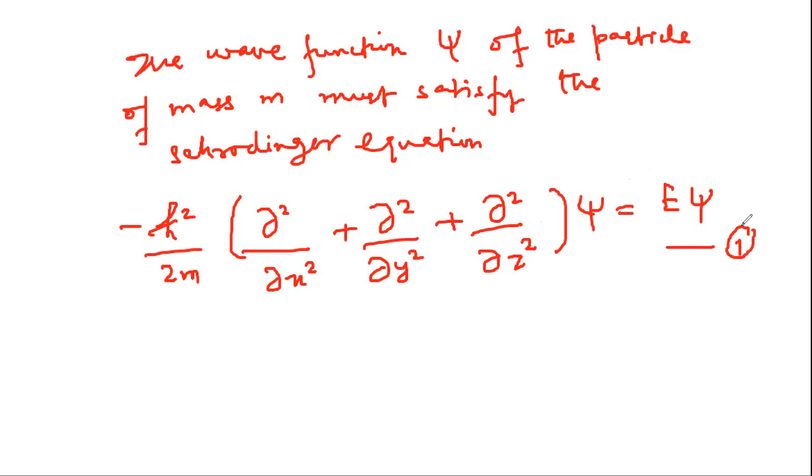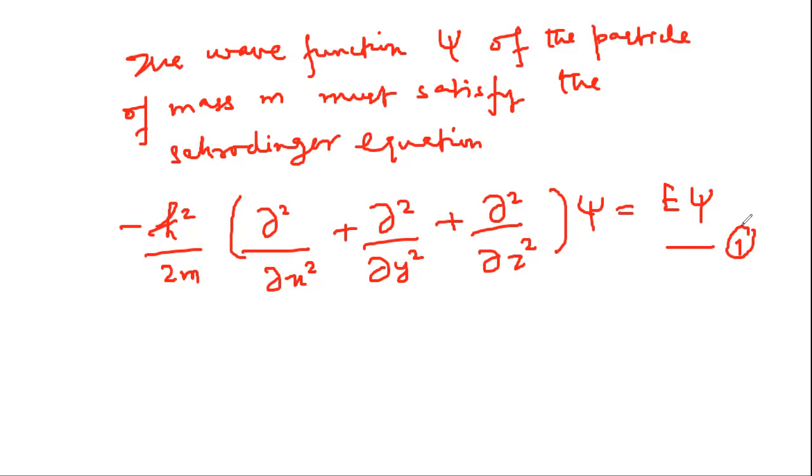So this is the quantum mechanical description of this particle. Its wave function, with m as the mass, must satisfy this Schrodinger equation. H bar is h over 2 pi, h is Planck's constant, and these are second order partial derivatives.